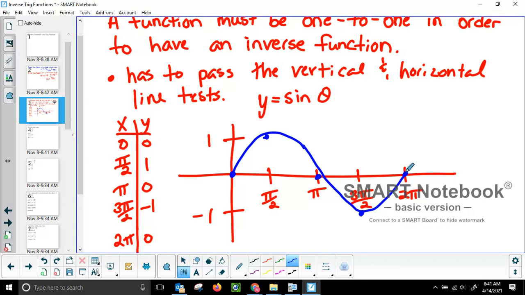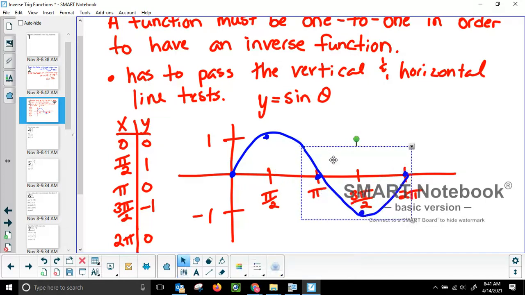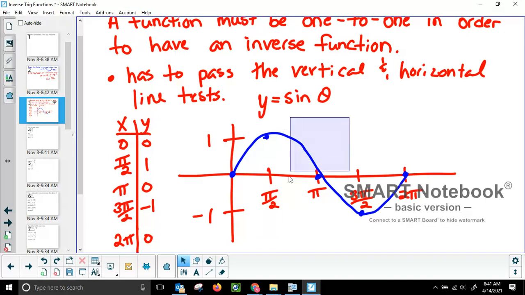Now remember, we also talked about the idea of a periodic function, which are functions that just repeat themselves over and over, right? And that's actually what happens here. Okay. Well, that didn't work at all how I wanted it to.